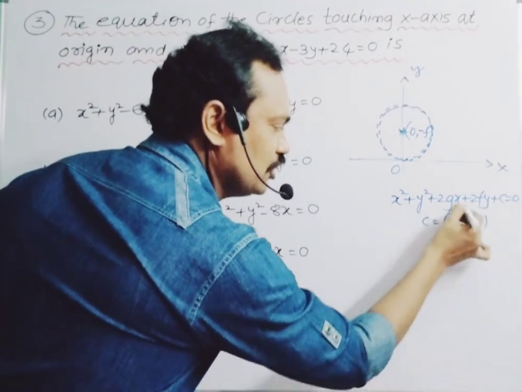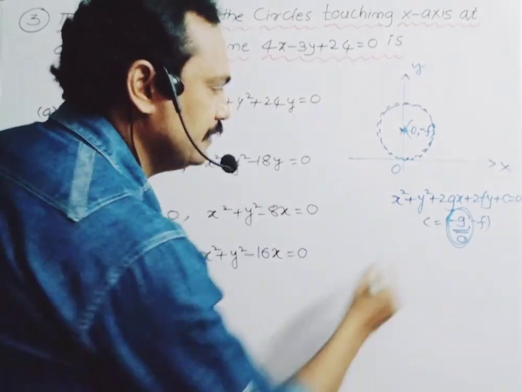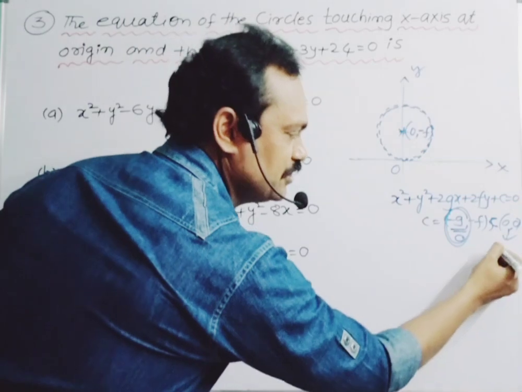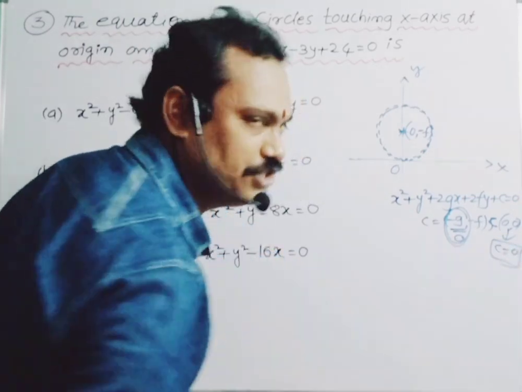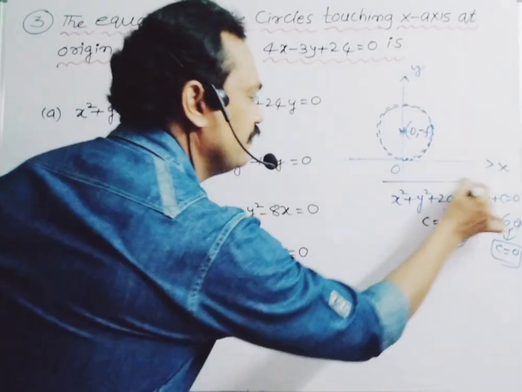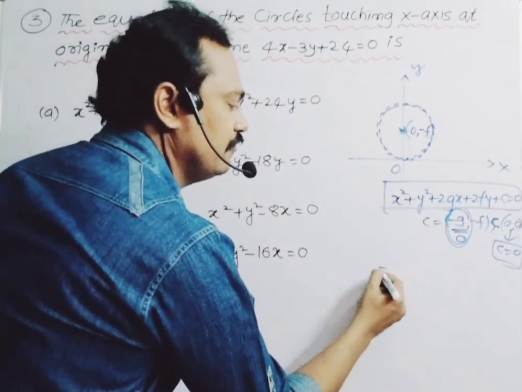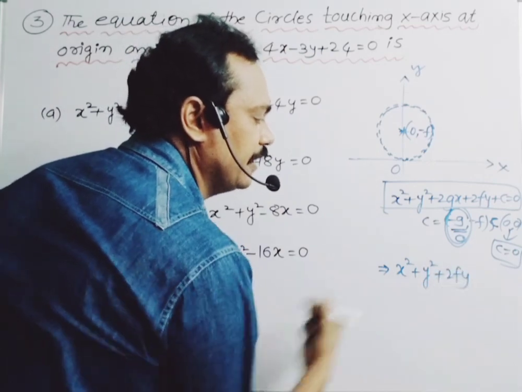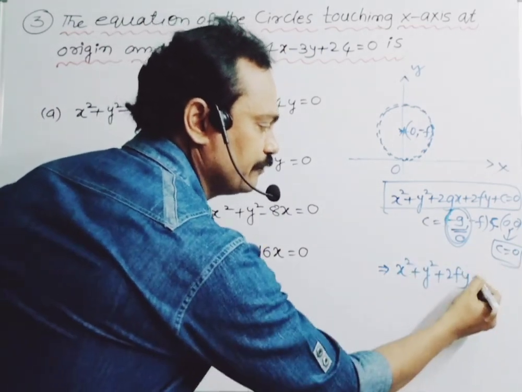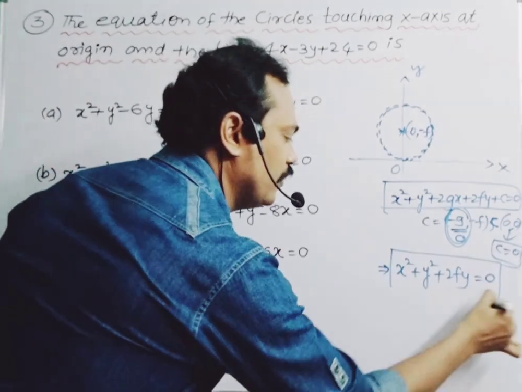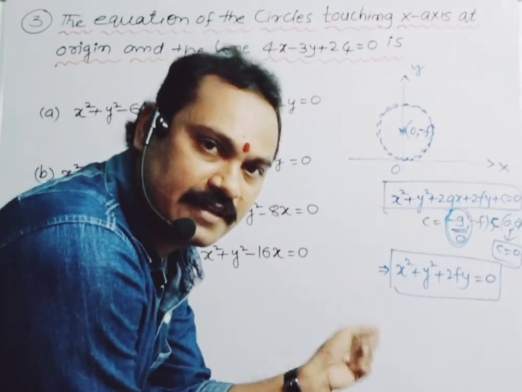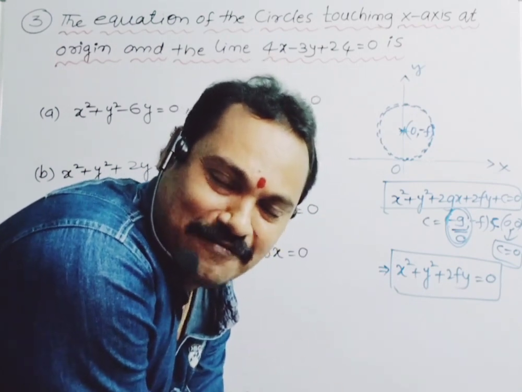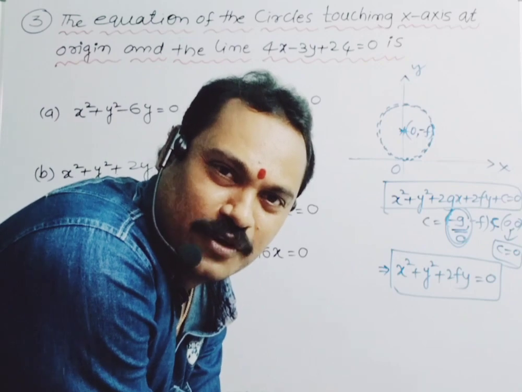If g becomes 0 and this circle also passes through (0, 0), then c is also 0, no? With g = 0 and c = 0, this equation becomes x² + y² + 2fy = 0. So your required circle must be in the form x² + y² + 2fy = 0.